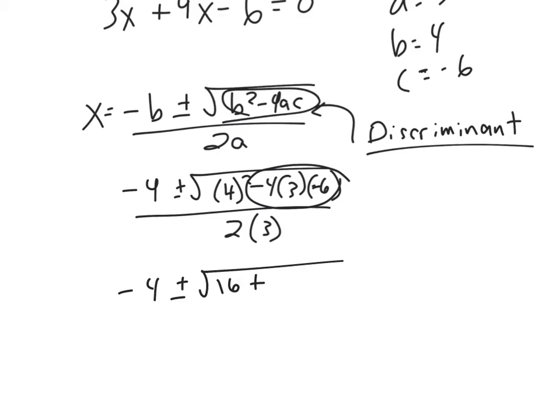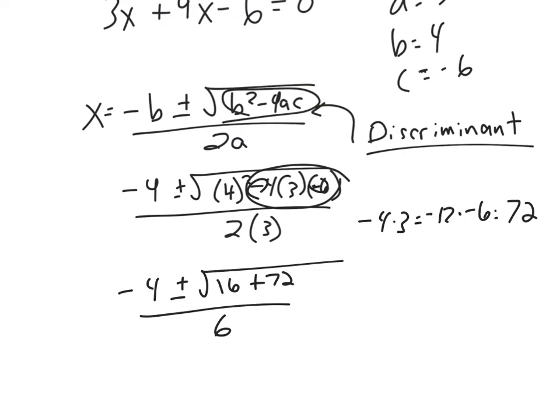Now we're going to have plus 72 over 6, because a -4 times a -6 is going to make a positive. Okay, -4 times 3 is -12, times that -6 is positive 72. So now when we add those together, we got -4 plus or minus the square root of 88 over 6.